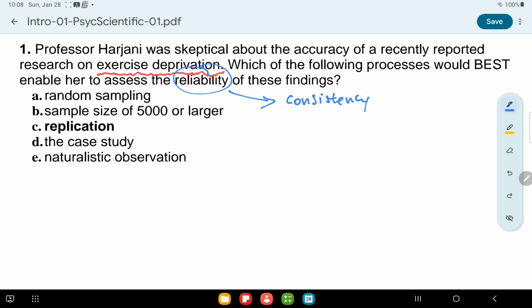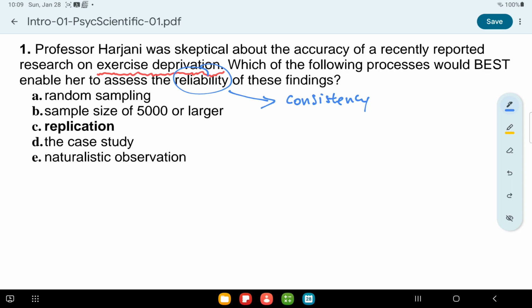Now, one way to establish consistency, as you can imagine, for something to be interpreted as consistent, it does not change from the first time to the second time to the third time to the nth time. That is to say, there needs to be more than one measurement.